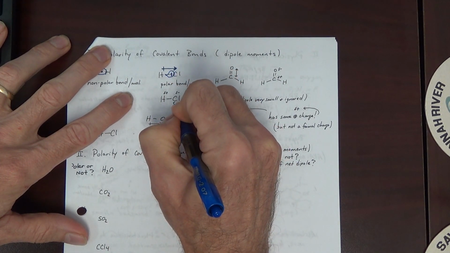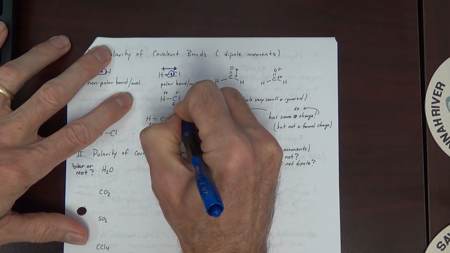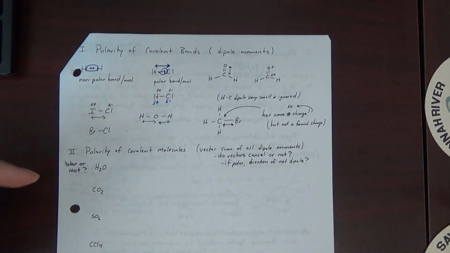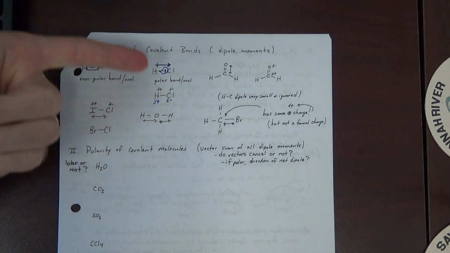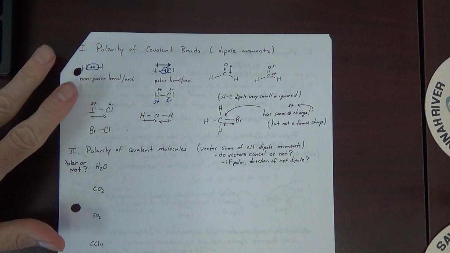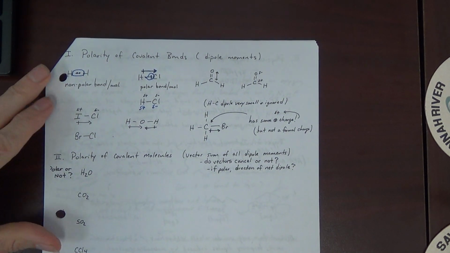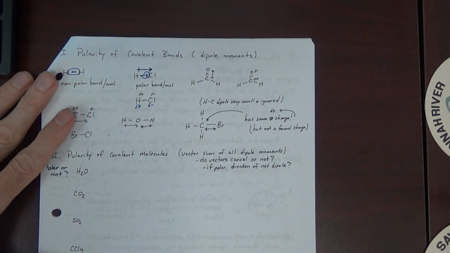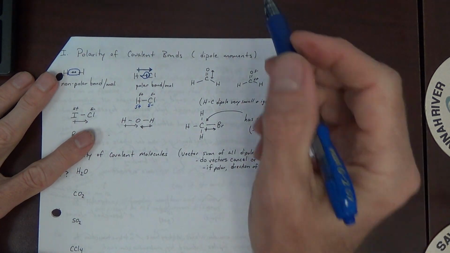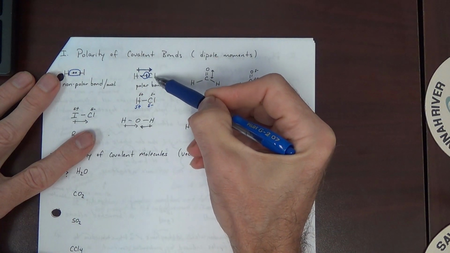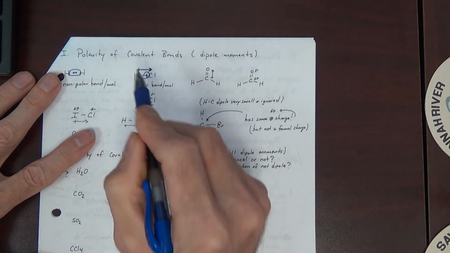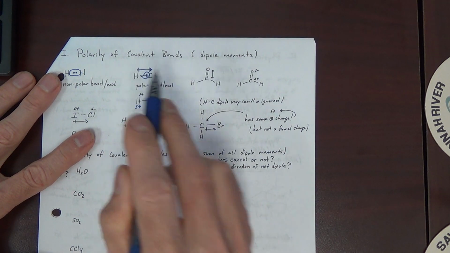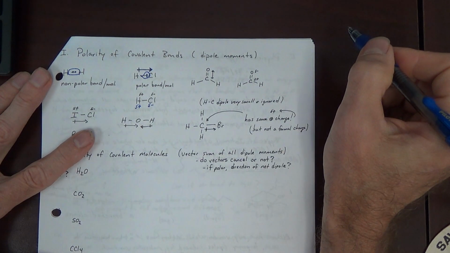I'll draw those again: a partial minus and partial plus. Either way, typically you do not draw both, one or the other. Chlorine is much more electronegative than hydrogen, leading to a molecular dipole moment here, a polar molecule.